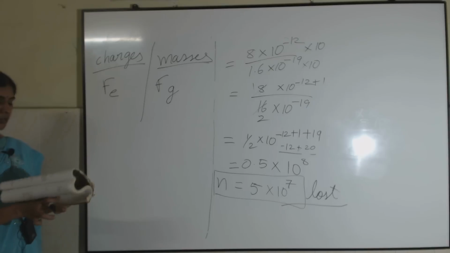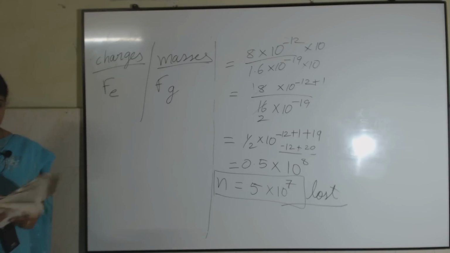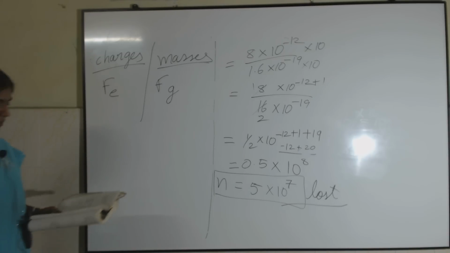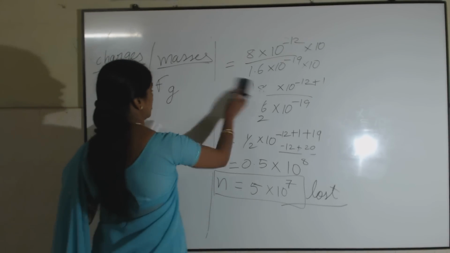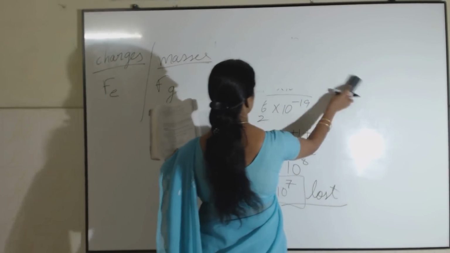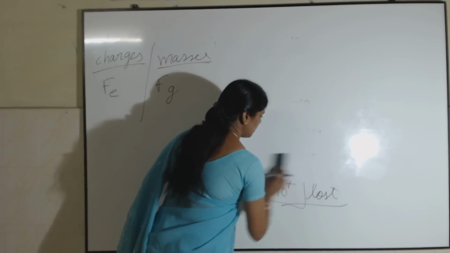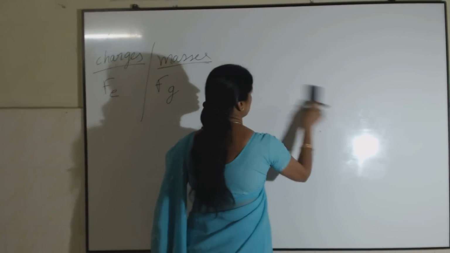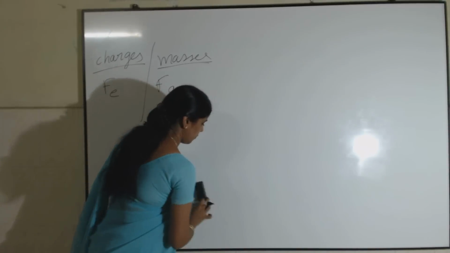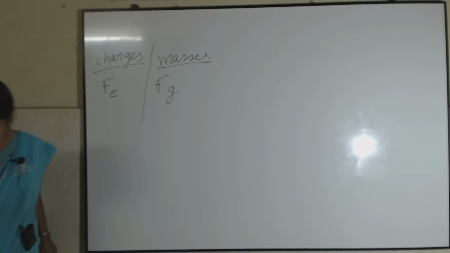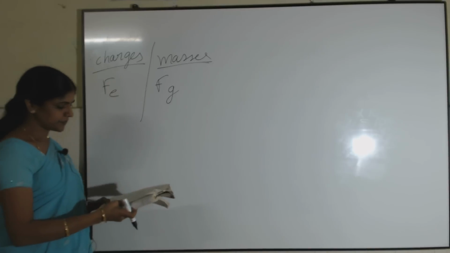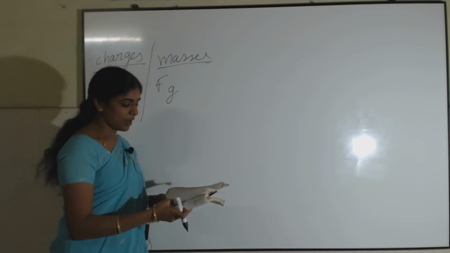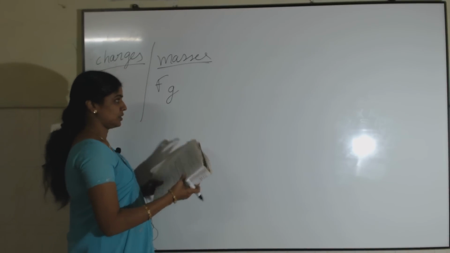Compare the magnitude of the electrostatic and gravitational force between an electron and a proton at a distance of r apart in a hydrogen atom.